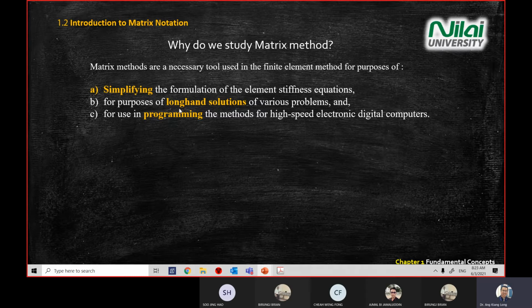Then it will help you to solve a longhand solution.